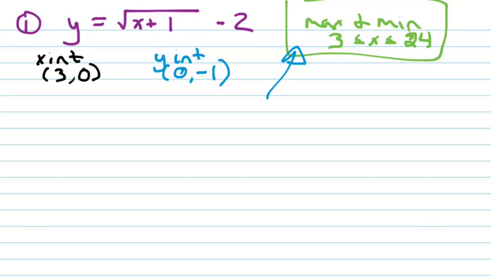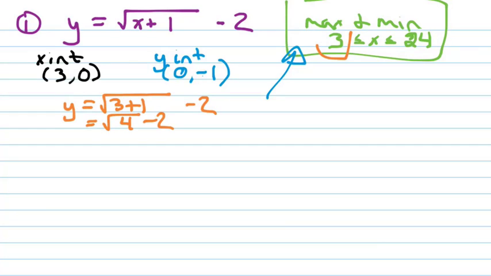So let's evaluate at each of those locations. When x is equal to 3, the square root of 3 plus 1 minus 2. Square root of 4 minus 2. So 2 minus 2 is 0.